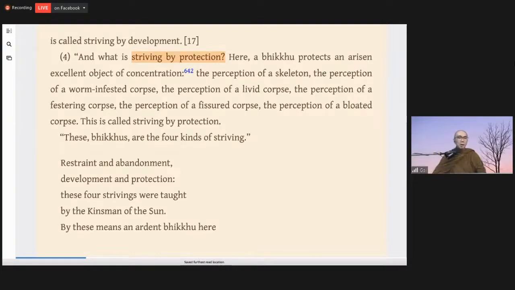This type of meditation is very helpful. It protects the mind from going into all kinds of lust and desire. So here, striving for protection means you make a strong effort to keep your meditation object there. This is what is meant by this sutta.